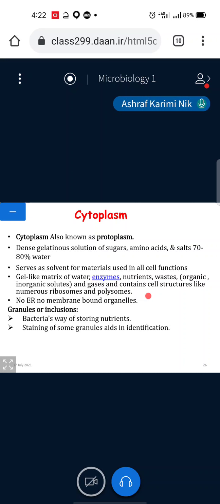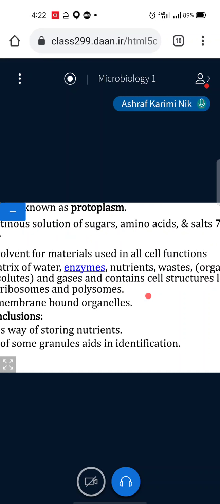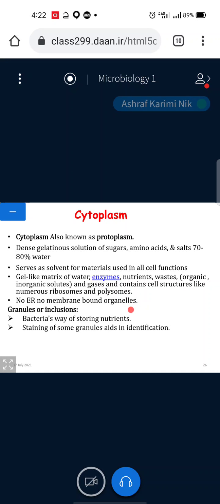Corynebacterium diphtheriae bacilli have granules named metachromatic granules or volutin granules. It's related to phosphate inclusion. And some staining method is used to observe granules, and it is a type of identification item for bacteria.